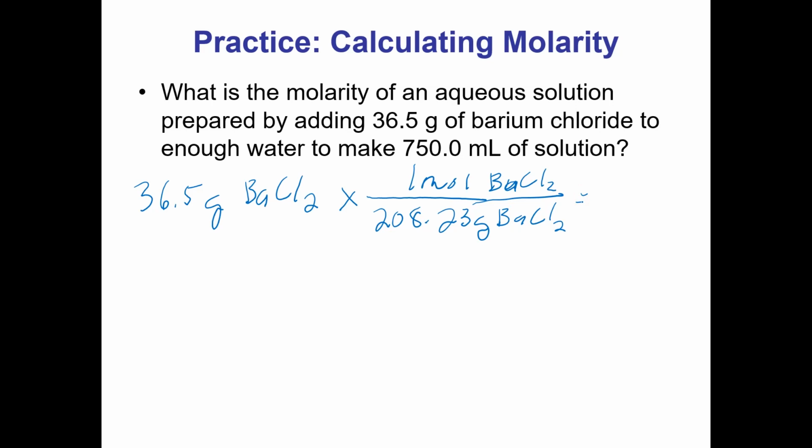So if you divide 36.5 by 208.23, we have 0.175 moles of barium chloride.